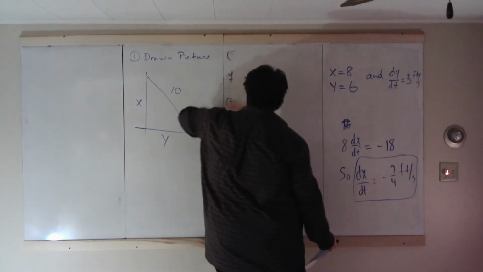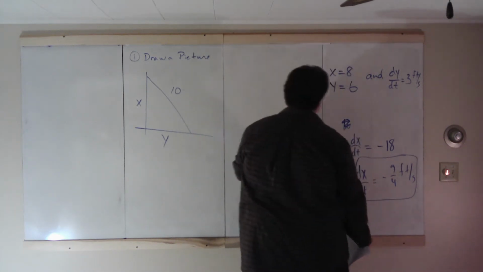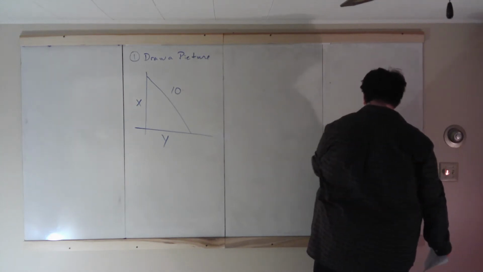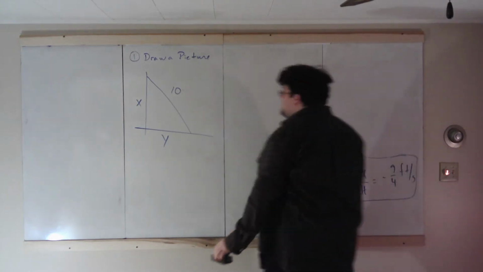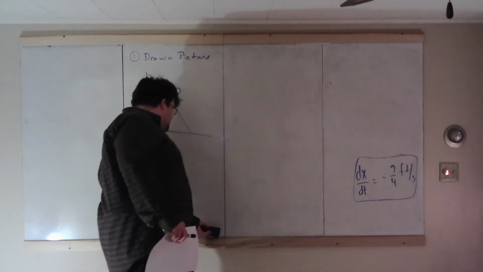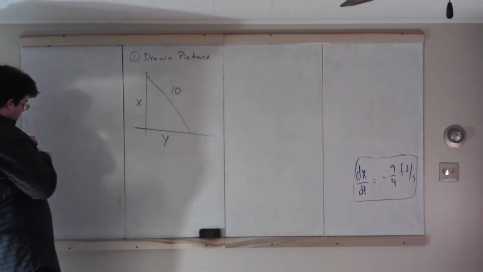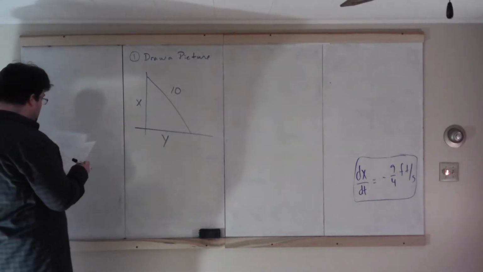So does that answer make sense? Well, I'm going to write the next question, and while I'm writing the next question and leaving the relevant information, you can determine if that makes sense, or decide if that makes sense.